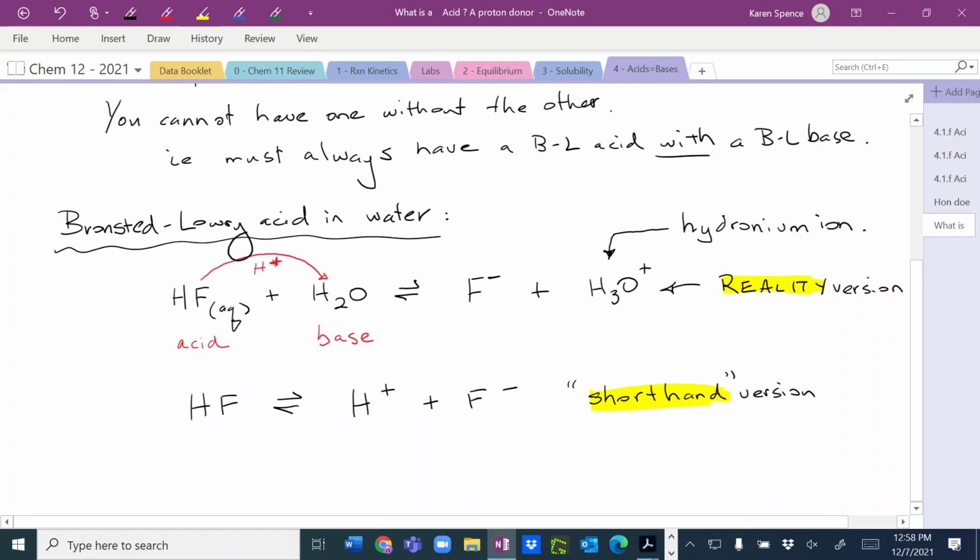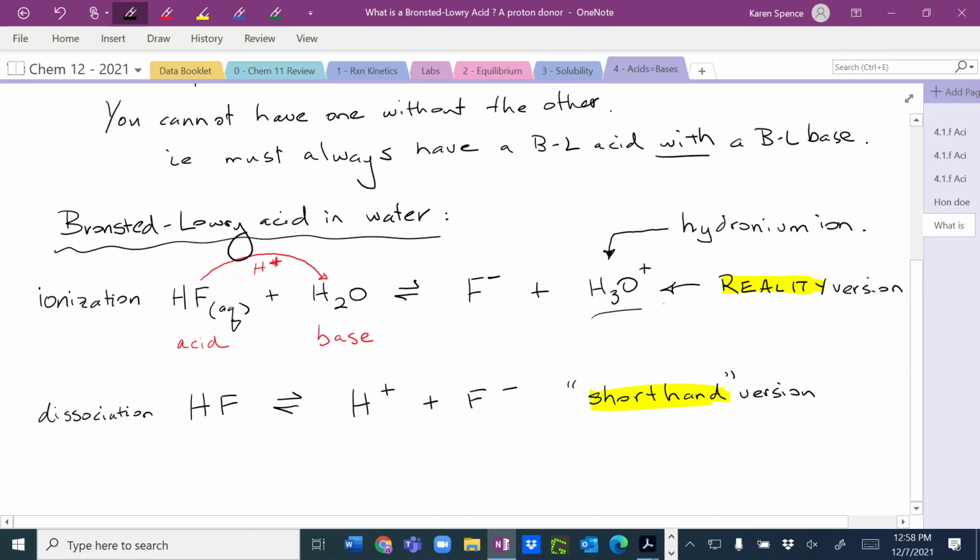The reality is that an acid doesn't actually dissociate. What it really does is it ionizes. However, you will hear me refer, you'll hear all sorts of chemists refer to the process of acids producing the acidic solution as dissociating, right?